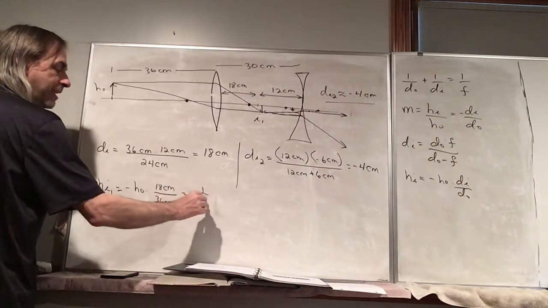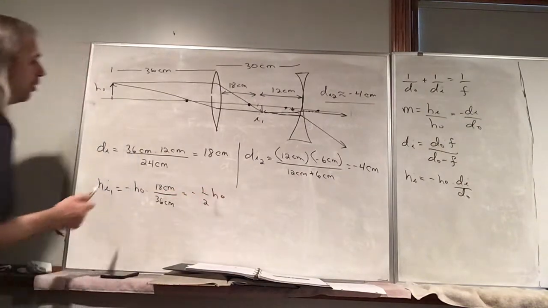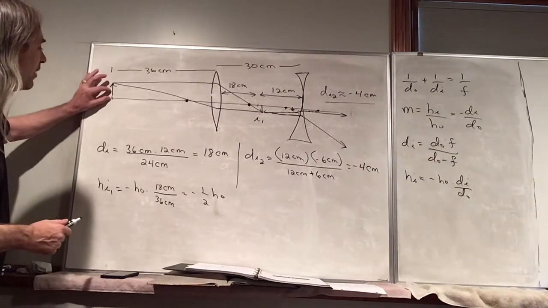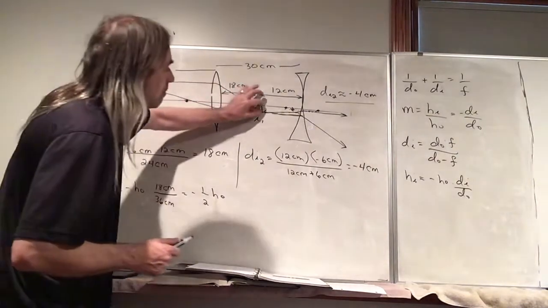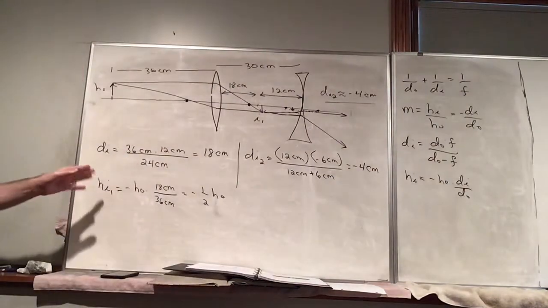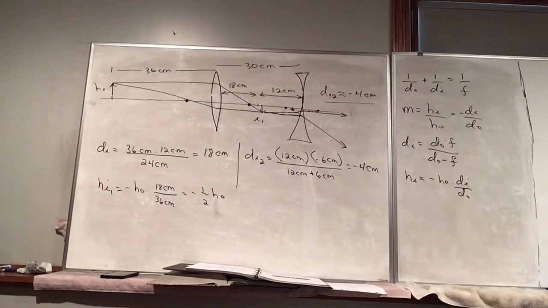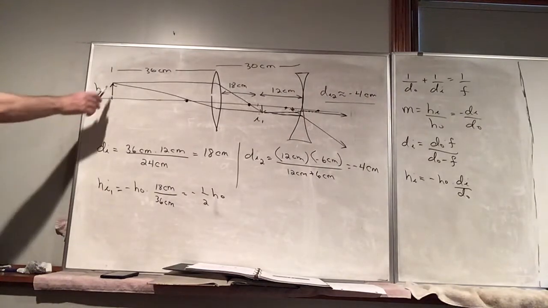So we have minus 1/2 HO. And that matches up fairly well with the picture. Half of this height is maybe here. Looks good. Also, the negative sign, it's inverted relative to the initial object.